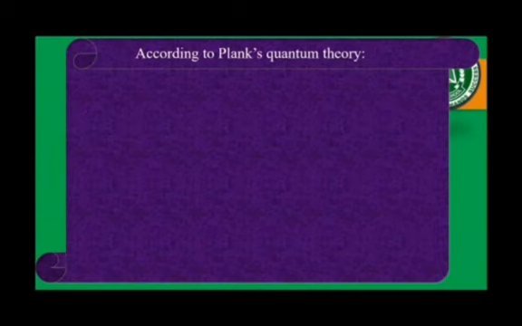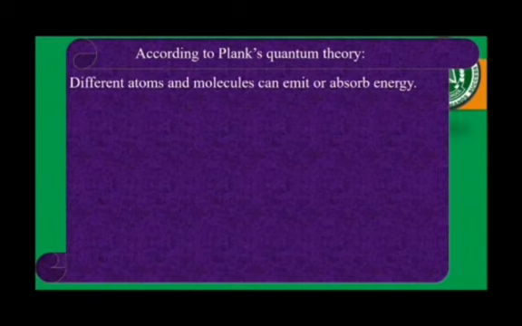To explain the structure of an atom, Bohr used the quantum theory of radiation that was proposed by Max Planck. According to quantum theory, different atoms and molecules can emit or absorb energy.